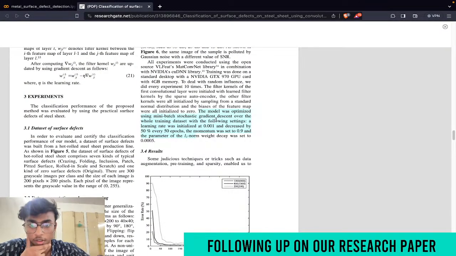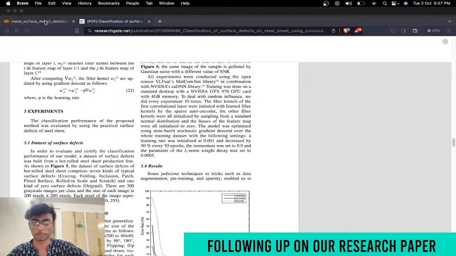And over the whole training data set with the following setting, the learning rate was initialized as 0.001 and decreased by 50% every 50 epochs. The momentum was set to 0.9 and the parameter of L2 weight decay was set to 0.0005.